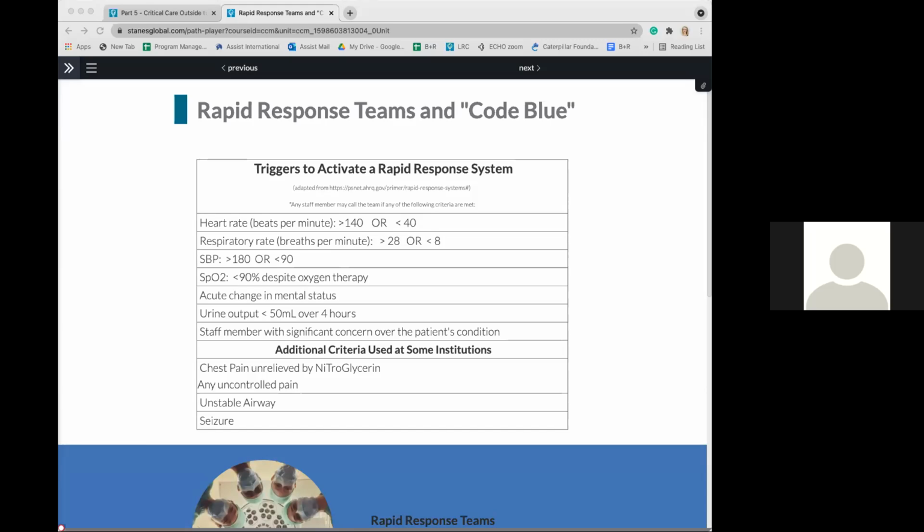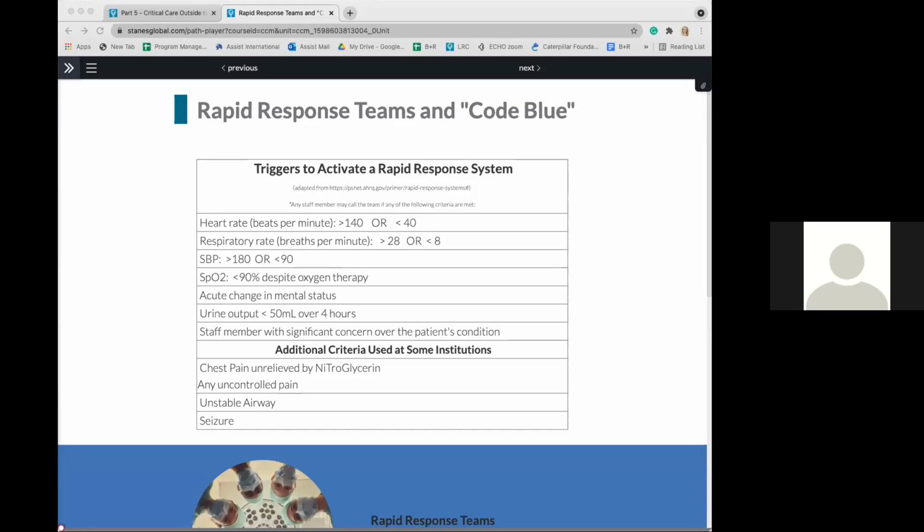You will need to call for help or activate certain interventions before the patient deteriorates further. The other parameter is your systolic blood pressure of above 180 or less than 90. That should provoke a response from the clinical care team.